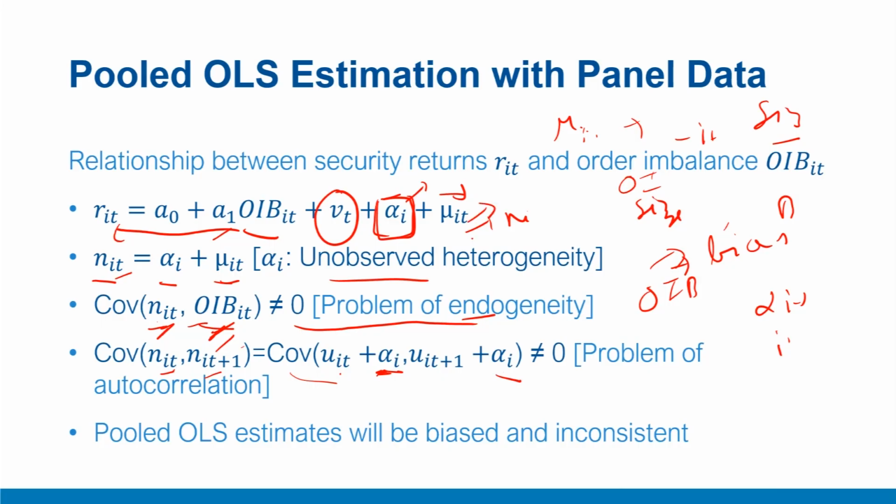I repeat, even if there is no serial correlation in the original error terms mu it, still this alpha I would have some common correlation, and therefore this covariance would not be zero. It will be some finite quantity, and therefore this also introduces the problem of serial correlation in error terms. And to summarize, overall the pooled OLS estimates of this panel data will be biased and inconsistent.